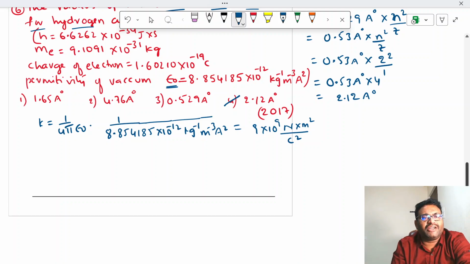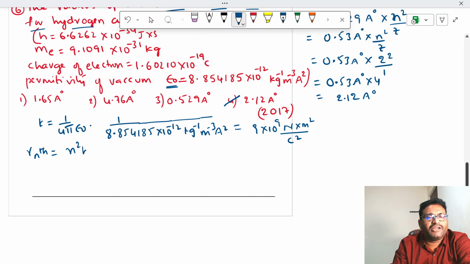We have derived a formula to calculate the radius of the stationary state. The radius of the nth orbit is equal to n square h square by 4 pi square Z square m into k.